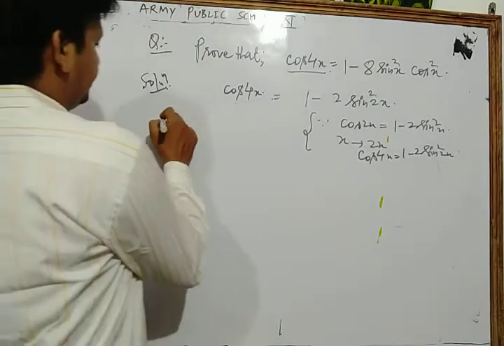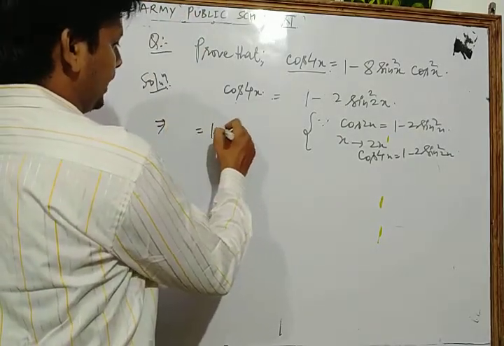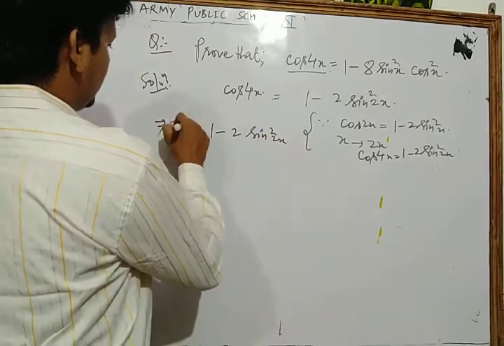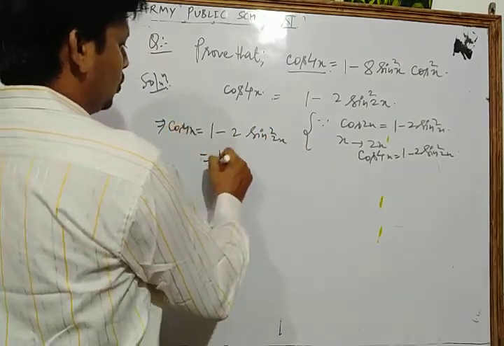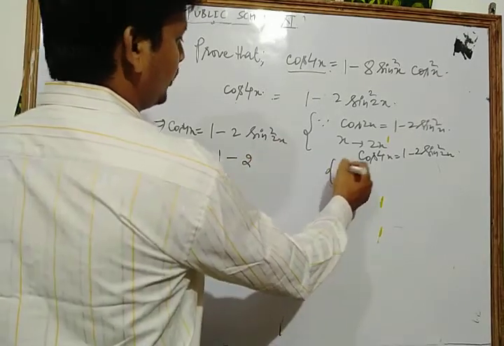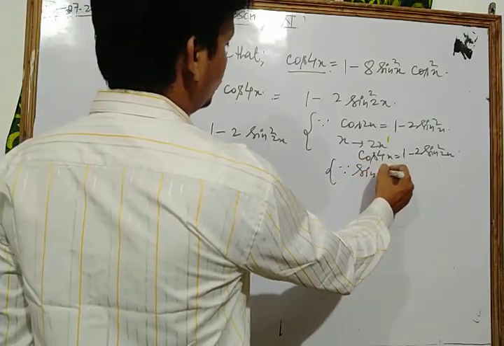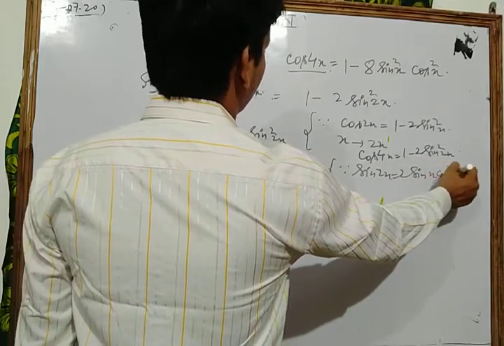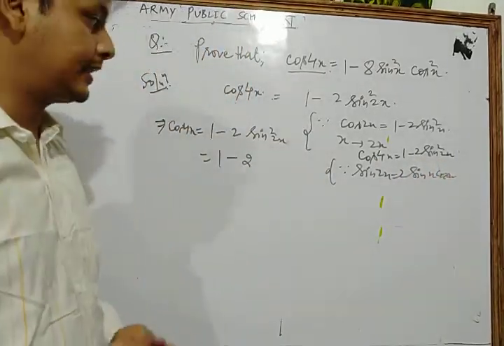Now let's see. 1 minus 2 sin square 2x, which is equal to cos 4x. Now 1 minus 2, and also we know that the formula for sin 2x is 2 sin x into cos x.